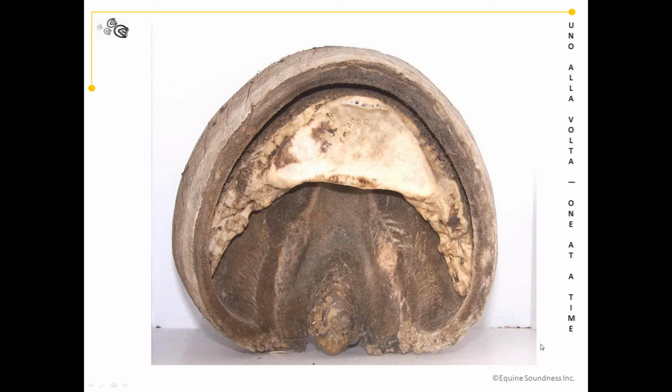And I hear this a lot from the quarter horse industry. Oh, they have just in the quarter horse industry bred the hooves of the horses. And as I said, you cannot breed a structure like this off of a horse.